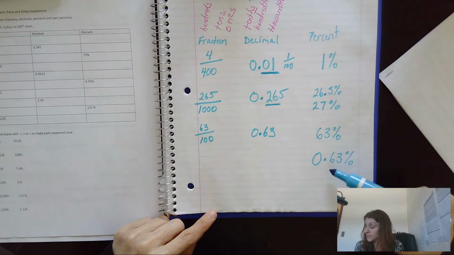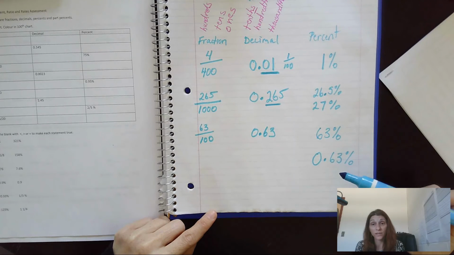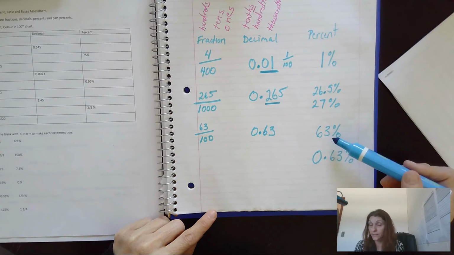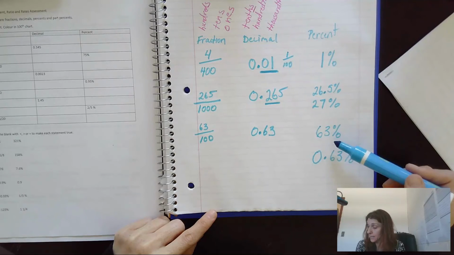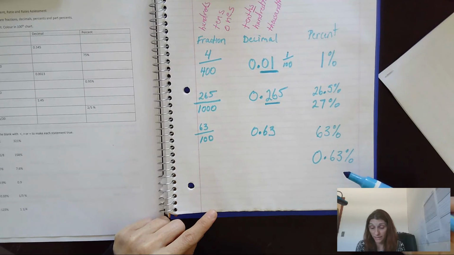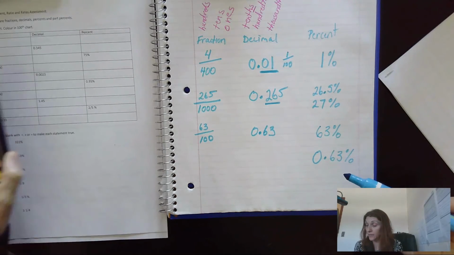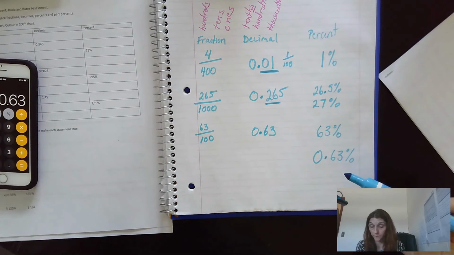It's 63 hundredths of a percent. So this is a bit different. This is 63%. This is 63 hundredths of a percent. And that's where it can get a little bit tricky.